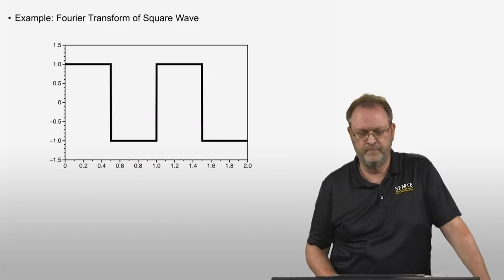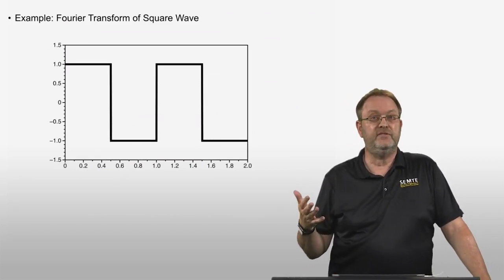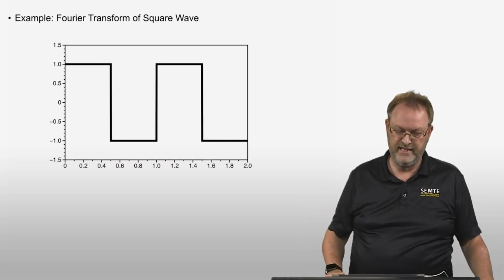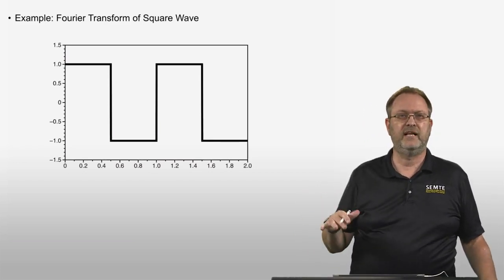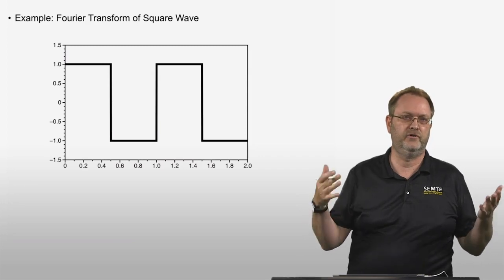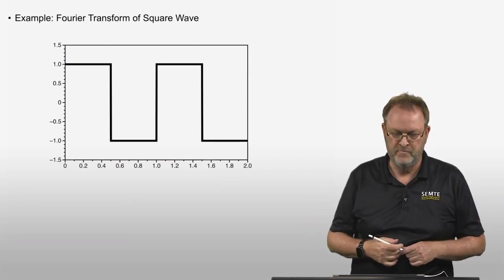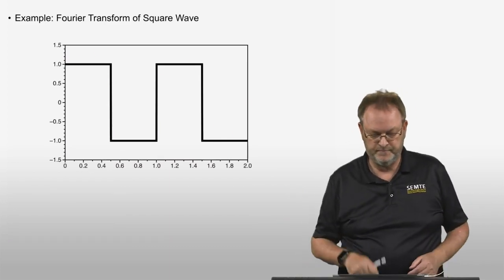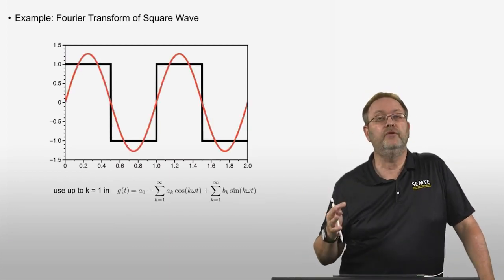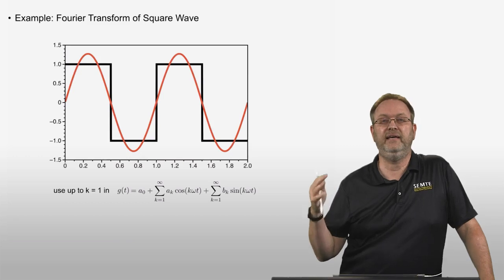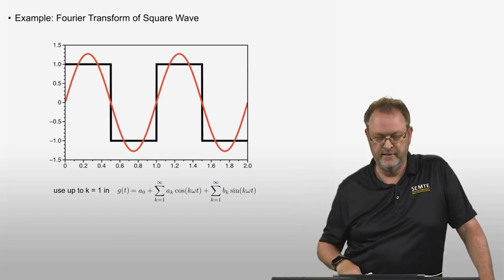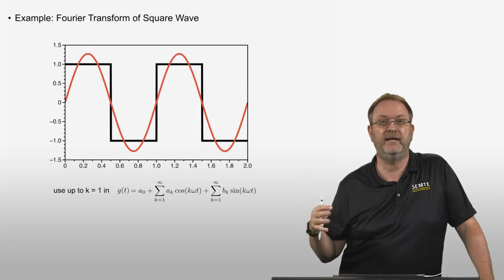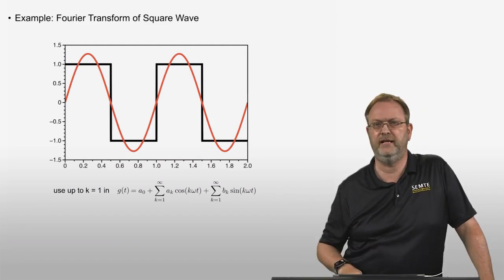How does that look? So here is the square wave. That's my g of t, right? In the horizontal axis, there's time, and in the vertical axis, there's the g of t. That is the analytical function that I'm trying to transform. If I use just up to k equal to 1, my g of t is equal to my a naught, which is 0, plus all the ak's were 0 as well.